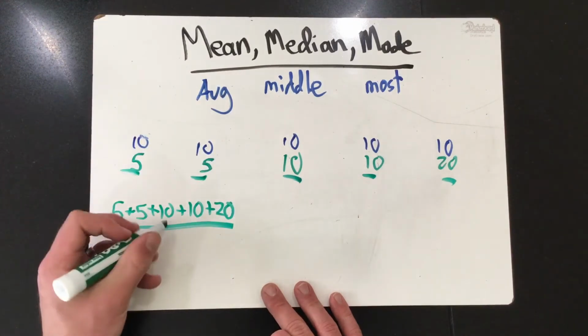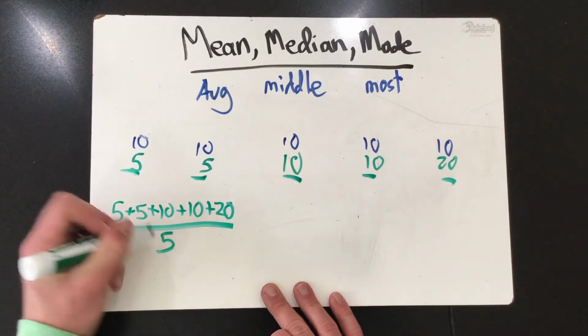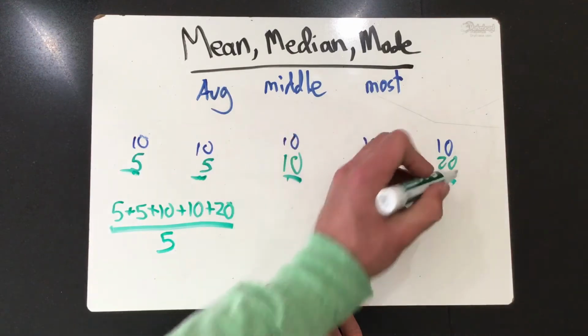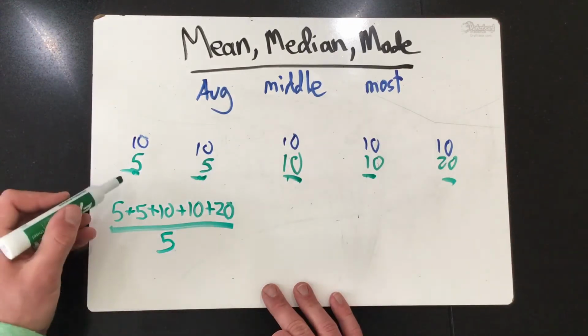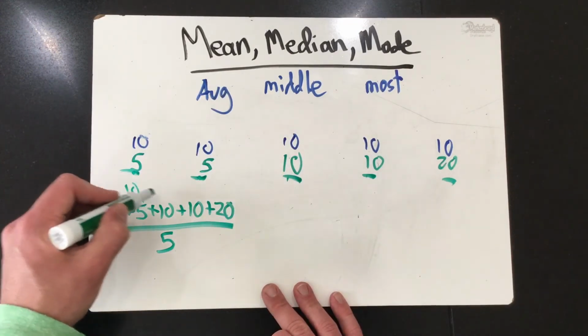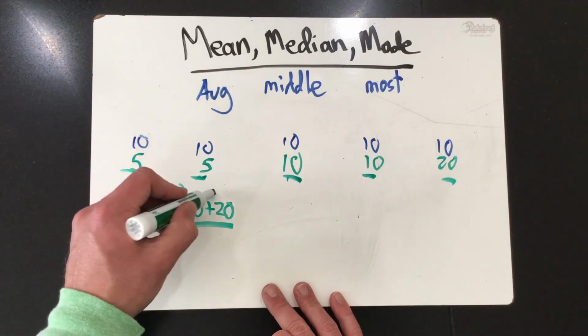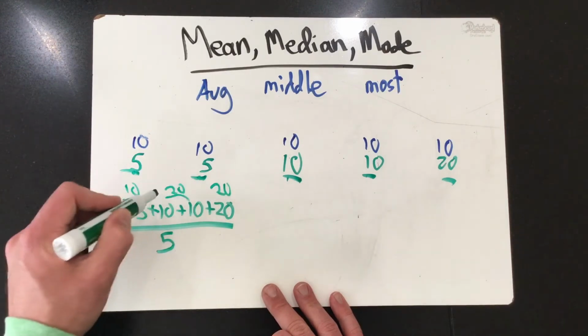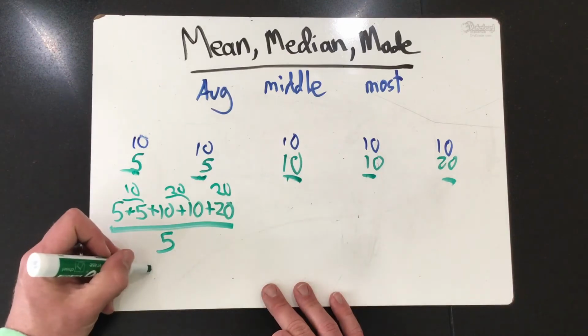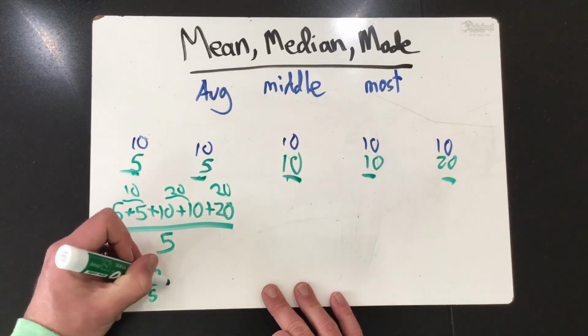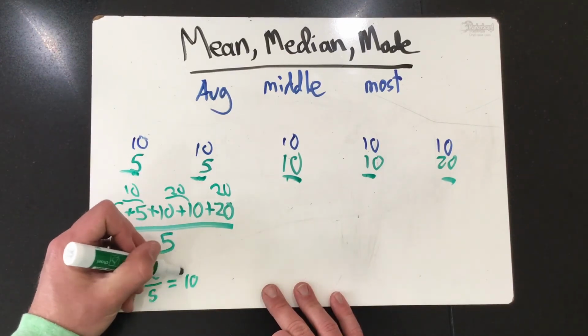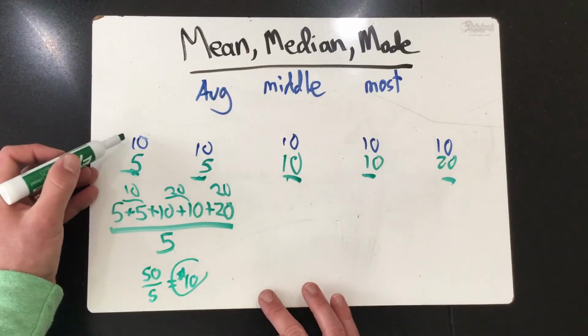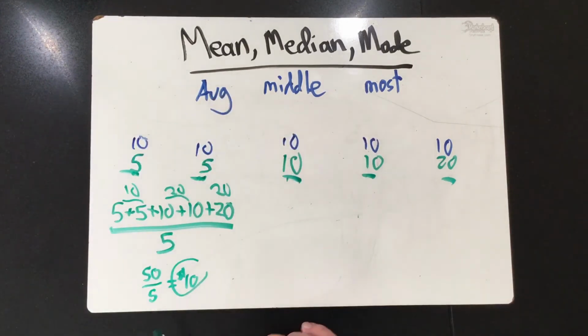Then I divide all of that by 5 because I have 1, 2, 3, 4, 5 data points. Well, 5 plus 5 is 10, and then 20, and then 20 again. So 20 plus 20 is 40, plus 10 is 50. We'll have 50 over 5, and look at that: $10. Exactly what we got when we moved those dollar bills. So on average, these students had $10 on them.